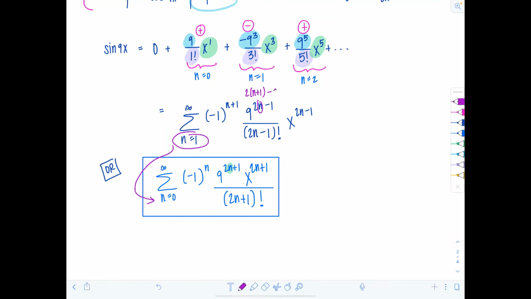So 2 times n plus 1 minus 1 would be 2n plus 2 minus 1, which is 2n plus 1, which is what we had here. So you can shift the index within a sum once it's already written if you like. Okay. That made it look messy. Let's clean it up. We want our final answer to be beautiful.